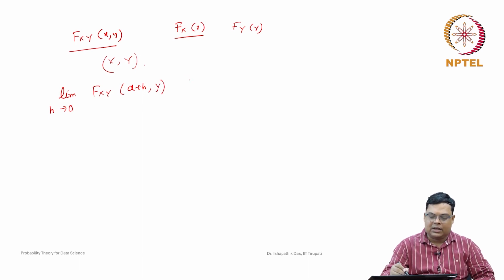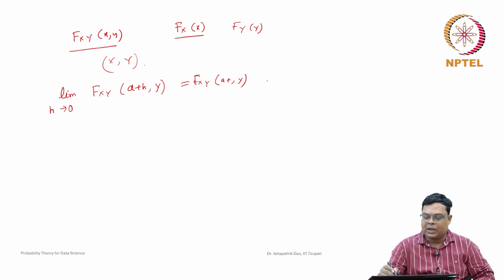This limit is called the positive limit, F_XY of a plus, y. This value may or may not be equal to F_XY(a, y). If it is equal to exactly that value, then the function is right continuous.